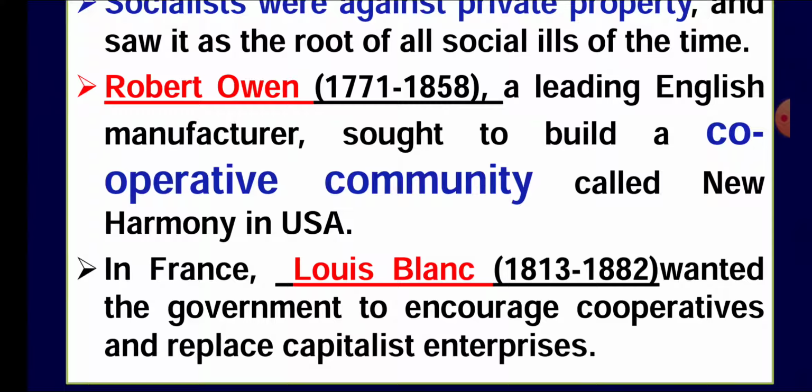As you can see here, a cooperative community is one where two or more people can start a business, and the objective of that business is to give benefit to the people instead of getting benefit themselves. In France, Louis Blanc was another socialist thinker who also believed in cooperativism.